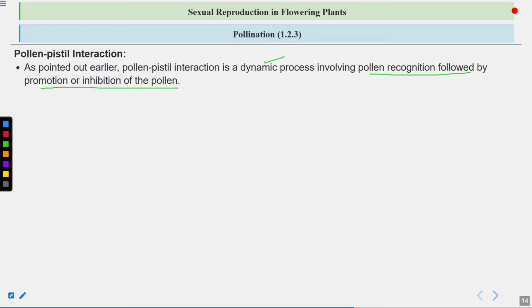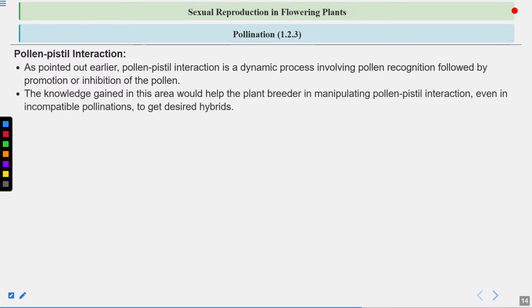It is not static. It is always moving. The knowledge gained in this area would help the plant breeder in manipulating the pollen-pistil interaction, even in incompatible pollination, to get the desired hybrids.